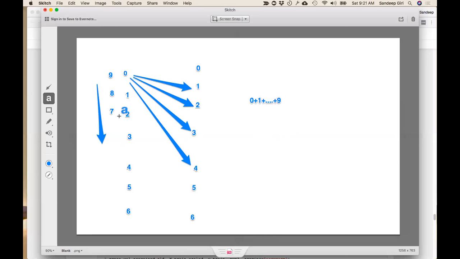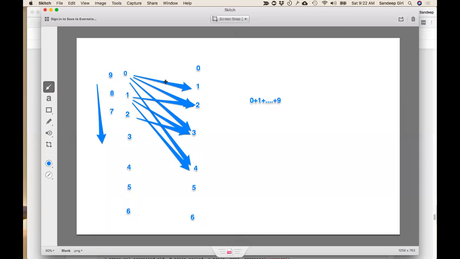Got it? So for 1, since it's not going to go again with the first one, it's going to start with these pairs. And for 2, it's not going to go with 2 versus 1. It's going to start with 2 versus 2.